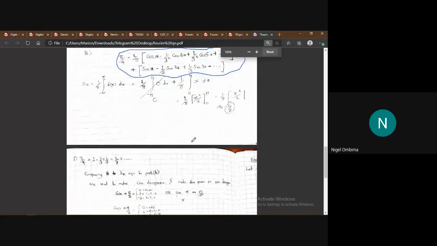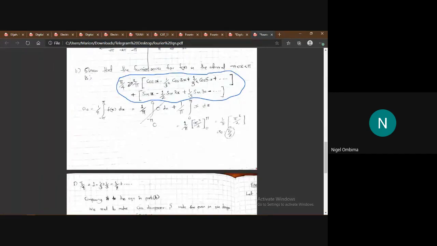Where was I? I was comparing the two functions. So this and this. When we notice from this function, let's consider this right-hand side, leave this side first. It has 1 minus 1 over 3 plus 1 over 5 minus 1 over 7. So looking here, which one is equal to it is the sine one, because the cos one has every value with a square in its denominator.